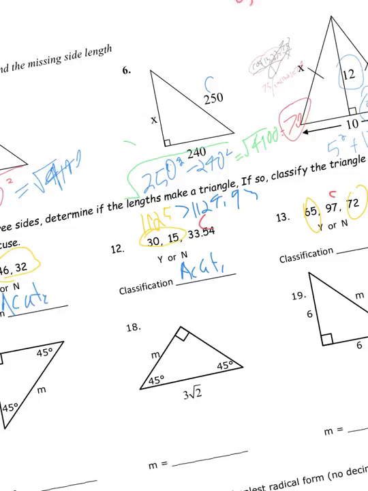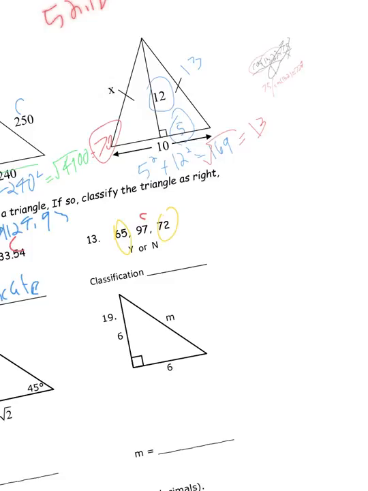That 33.54 is just kind of a rounded number. But working with just these exactly, this one's acute, and just by a very small margin. Okay, so let's type in 97 squared. I get 9409, and then let's type in 65 squared plus 72 squared. I get 9409. See, it equals that exactly. So that is a right triangle.